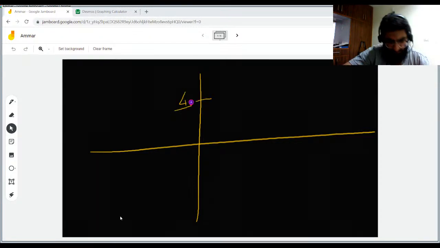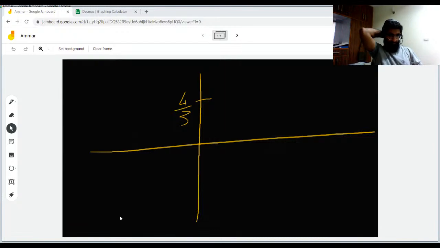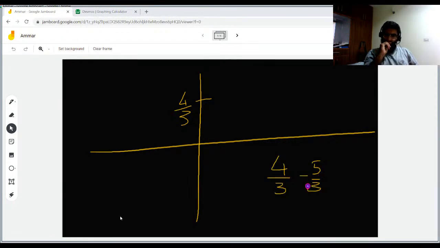And then x would be 4 by 3, 5 by 3, 3 into 4. I need to write it down. 3x. Okay, you've got 0 on the other side.